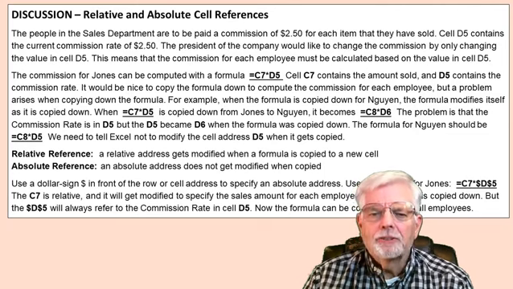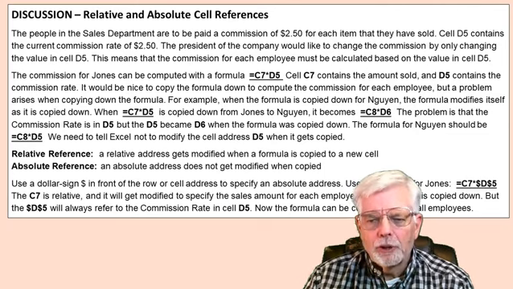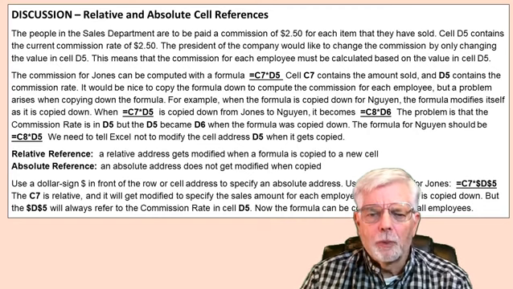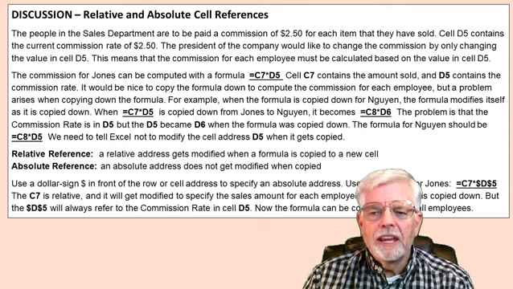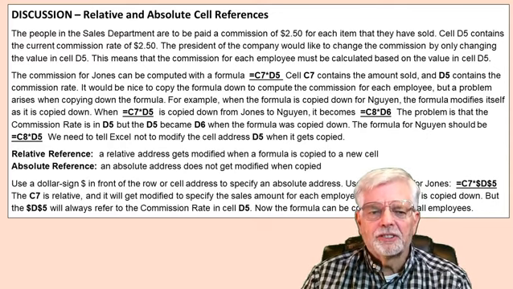It would be nice to copy the formula down to compute the commission for each employee, but a problem arises when copying down the formula. For example, when the formula is copied down for Win, the formula modifies itself as it is copied down. When equals C7 times F5 is copied down from Jones to Win, it becomes equals C8 times F6.